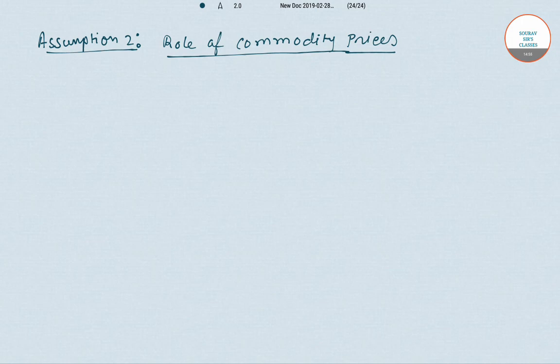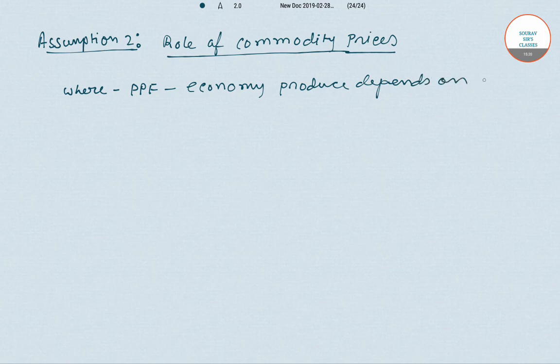Now where exactly on the PPF the economy will produce depends on prices. So where on the PPF the economy produces depends on prices.